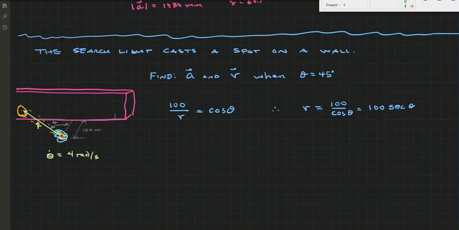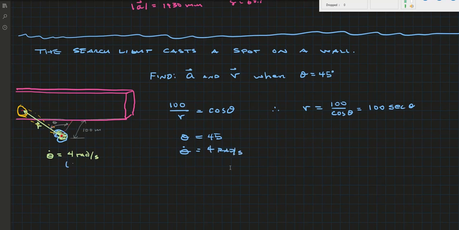Well, so now we have everything we need for theta. So we have theta at 45 degrees. Let's put it that way. That's where we're going to work from. We have a theta dot, which is given as a constant value of 4 rads per second.